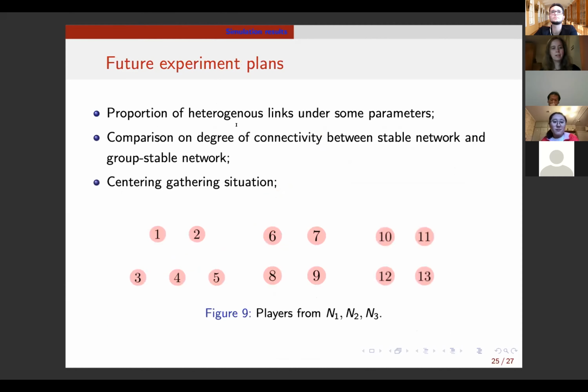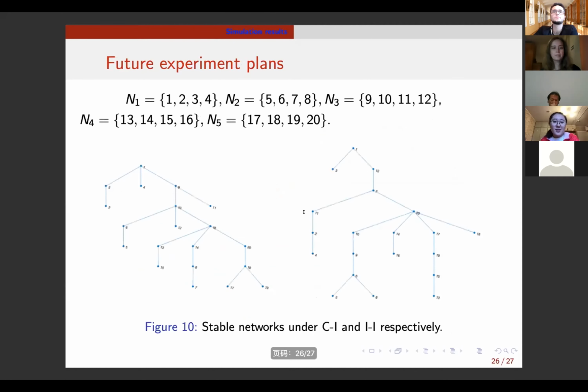Well, here are some future experiments planned for our future research. We want to investigate this problem. And finally, the experiment results. There are 20 players and 5 groups. And these are the results under complete information.